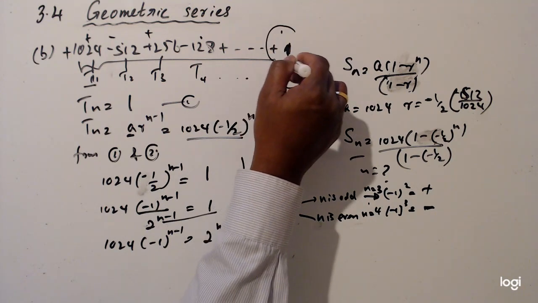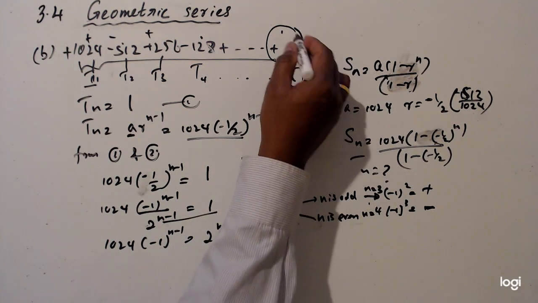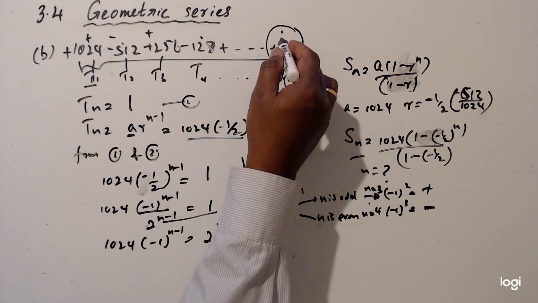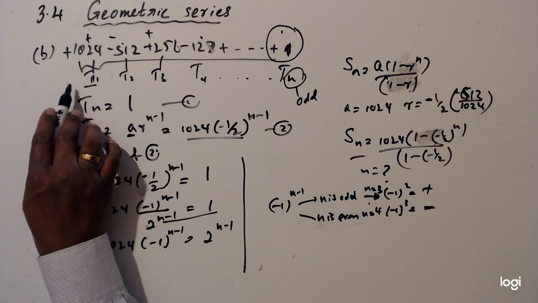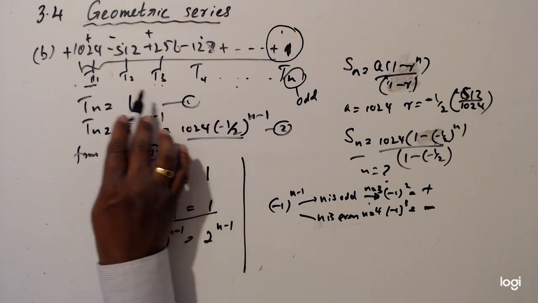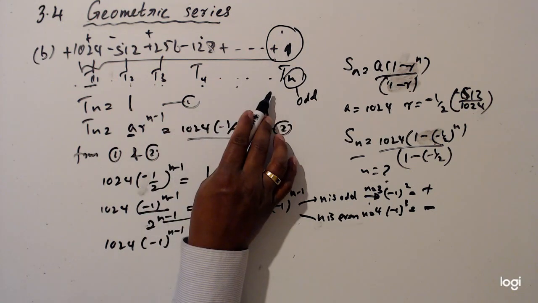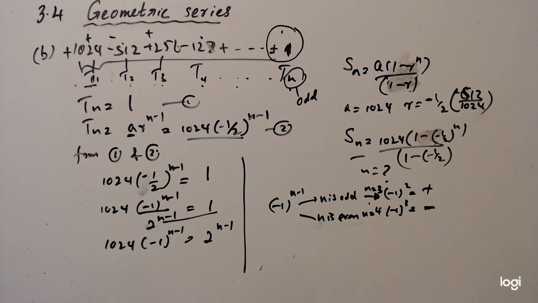It means the value of n should be an odd number, because positives are odd, 1, 3, 5, negatives are even, 2 and 4. Since this is positive, then n should be an odd number. If n is an odd number, this answer should be positive.